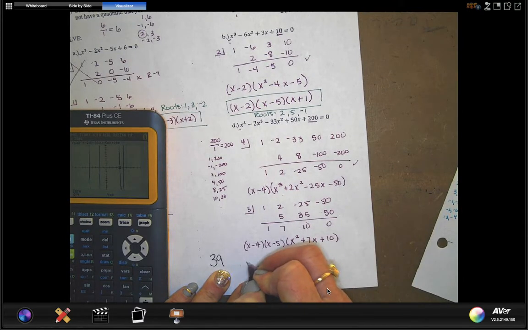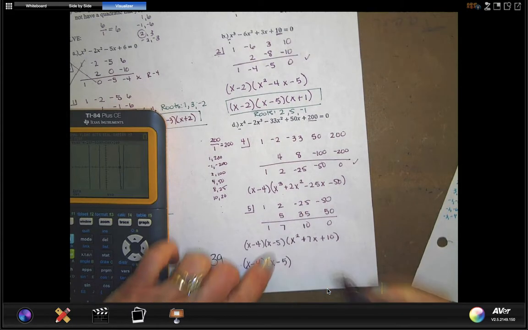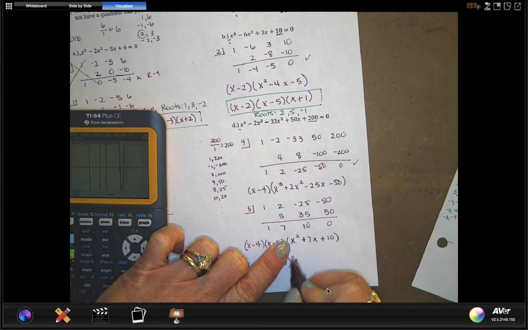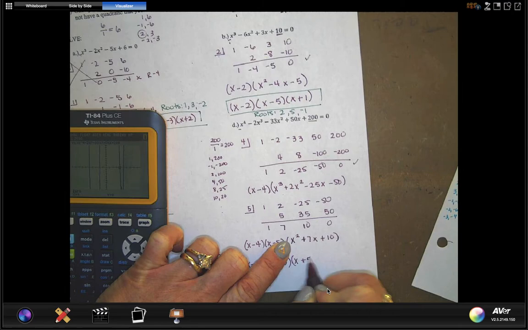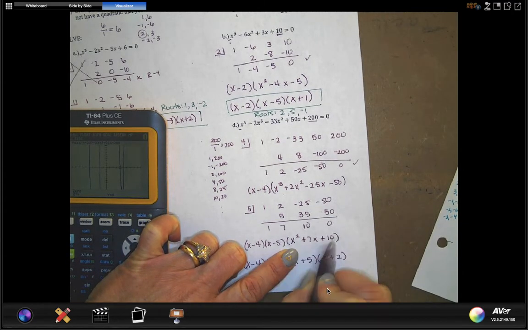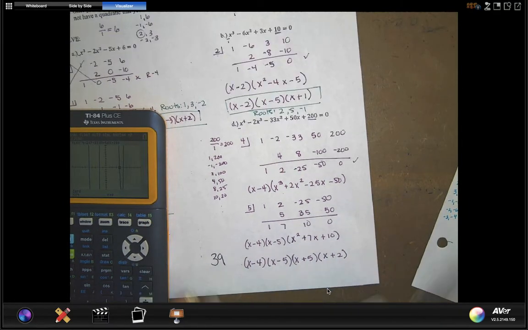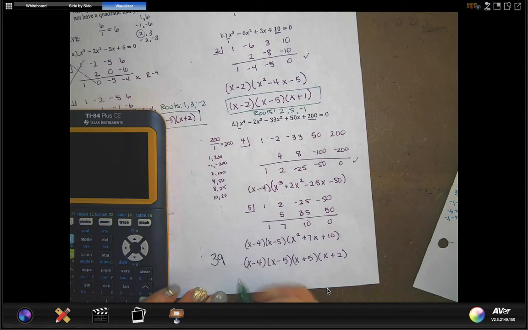And now with that quadratic, I can do x plus 5 and x plus 2. So that'll give me 5 times 2 is 10, 5 plus 2 is 7. So then my roots for this one are going to be 4, 5, negative 5, and negative 2.